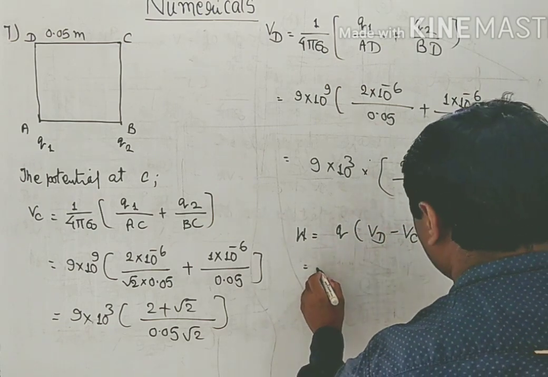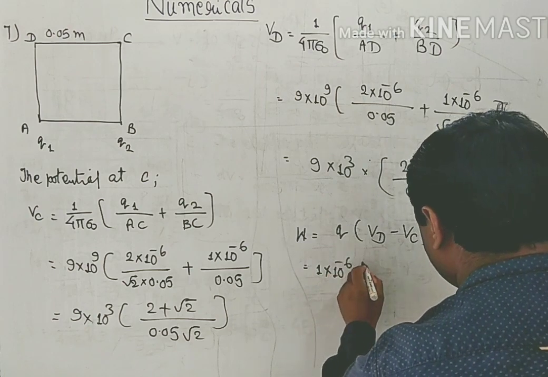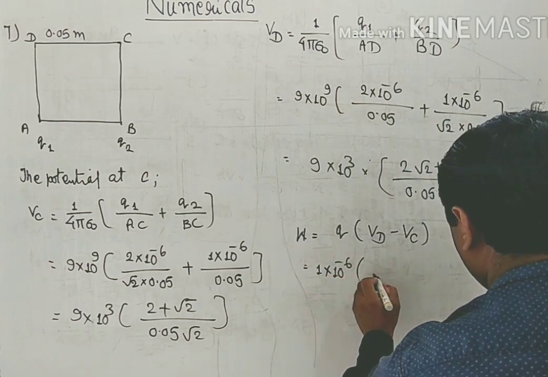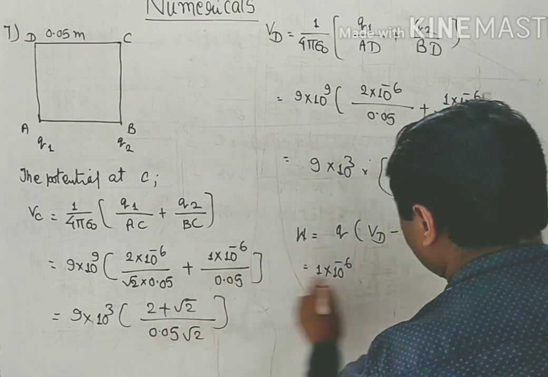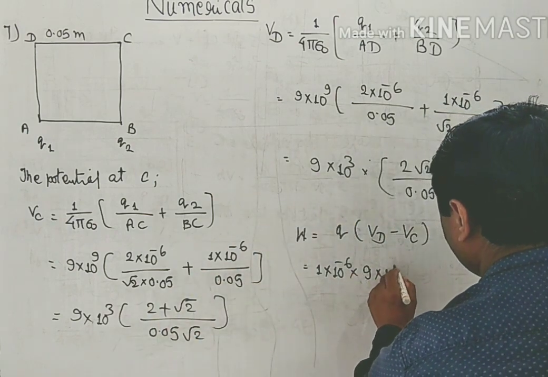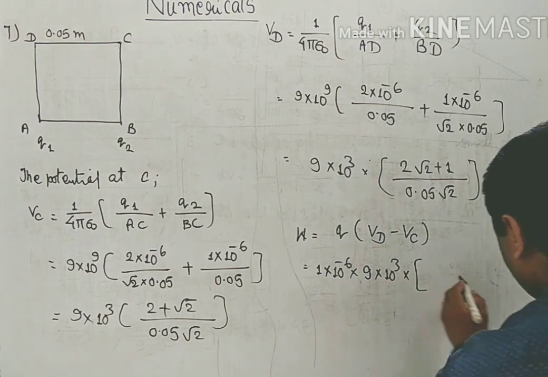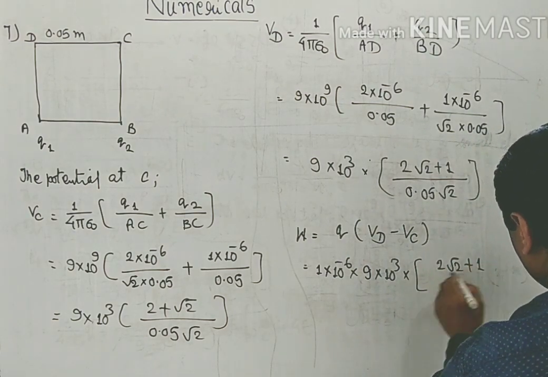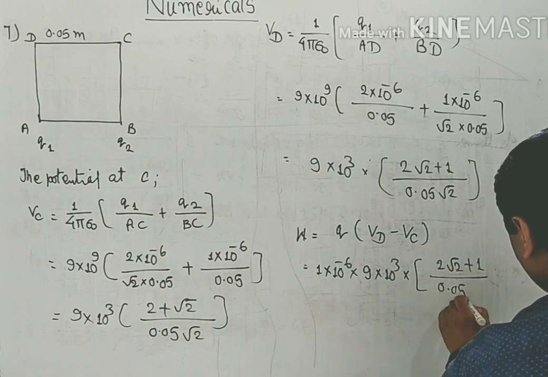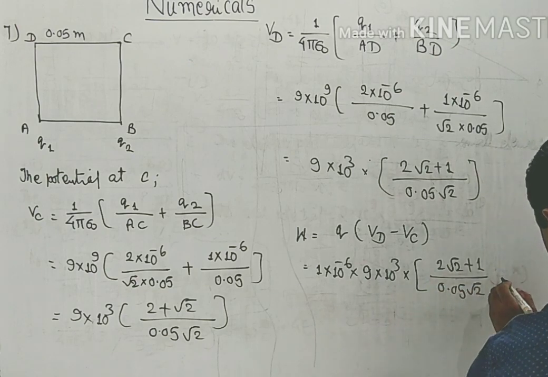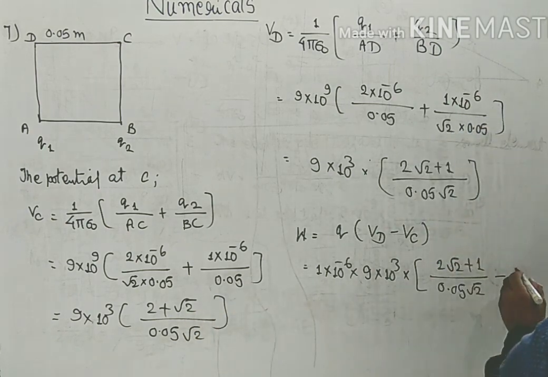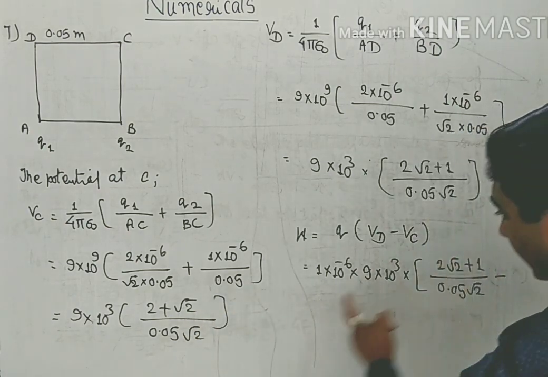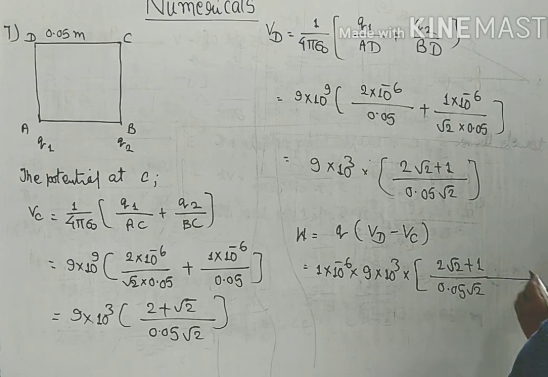Q is given to be 1 into 10 power minus 6, this discharge into this, with a common term 10 power 3, and inside you will have VD, which is 2 root 2 plus 1 upon 0.05 under root 2, minus this thing, which you may take as LCM, minus 2 minus root 2.